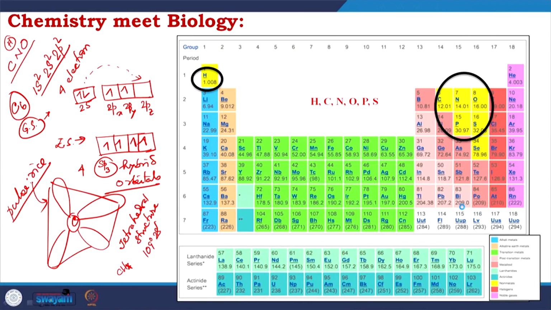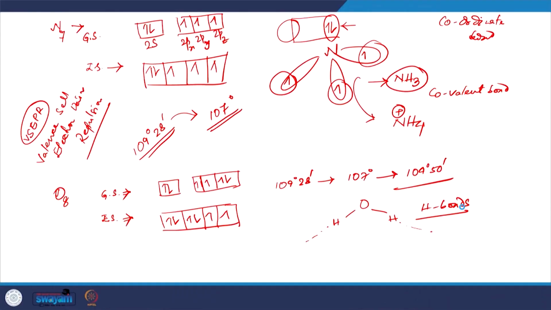If you look at the periodic table going back, you will see that in the upper part of the periodic table, most of the hydrides are gaseous. The only exception is oxygen because of its ability to be influenced by VSEPR, getting the angle of 104 degree 50 minutes, able to make hydrogen bonds, and that is the reason.